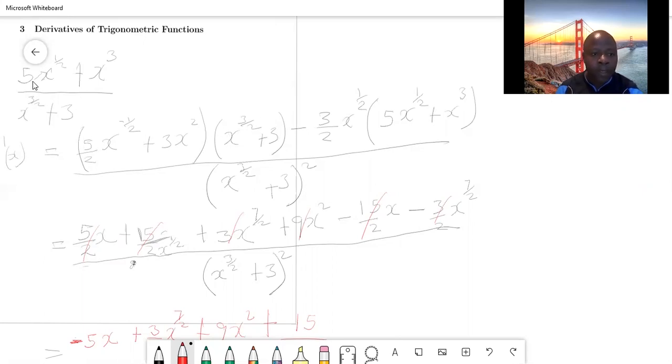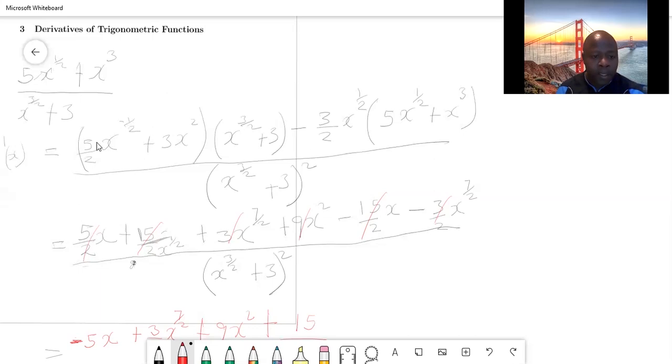into our numerator. So now expanding, we took this times this, it gave us 5 over 2 x raised to 1, because 1.5 minus 0.5 is just 1. Then this times this gave us 15 over 2 x raised to negative a half.